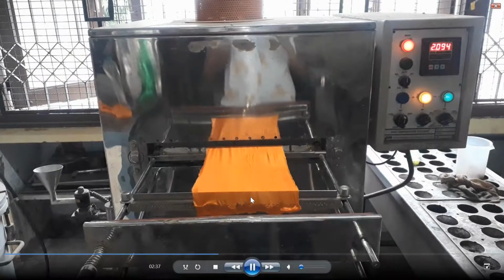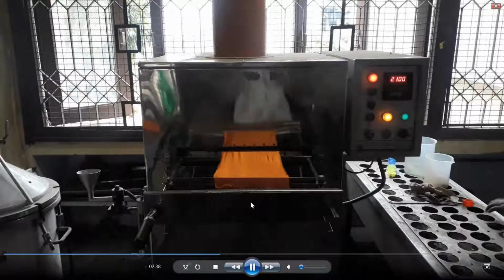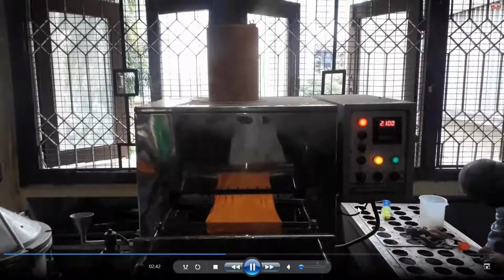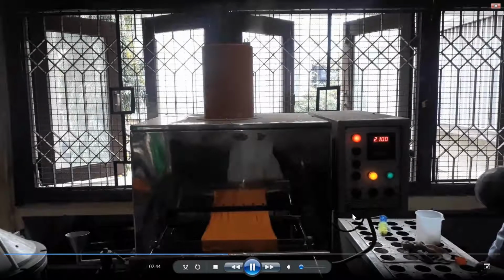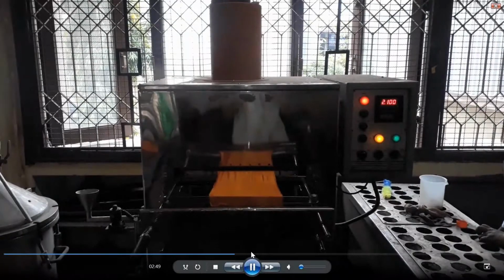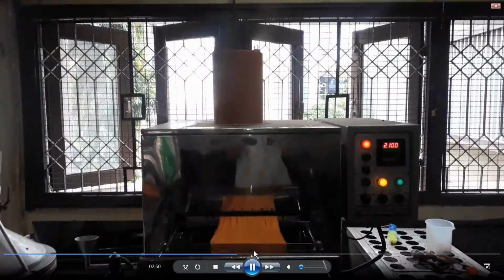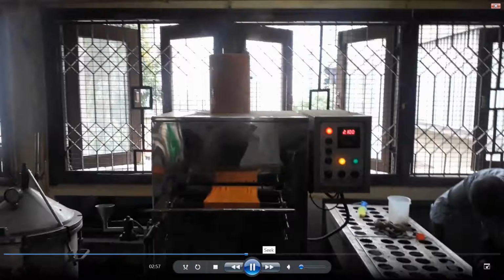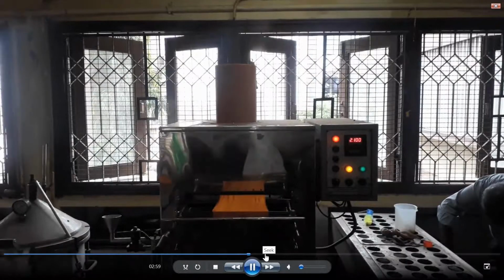This is a laboratory, you can say, mini stenter type device. It has already been programmed digitally on the side panel: what should be the temperature and what should be the time of heating. So that has been programmed.